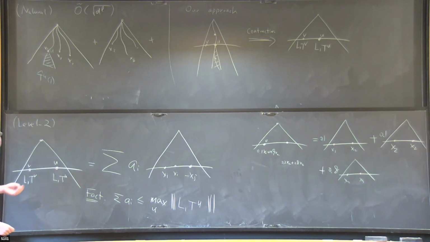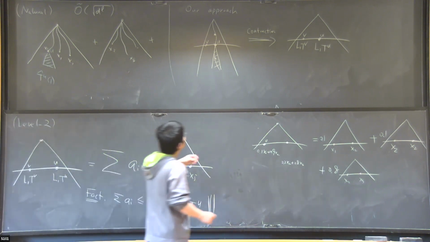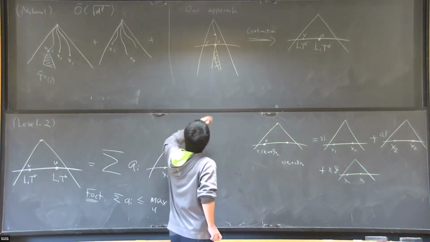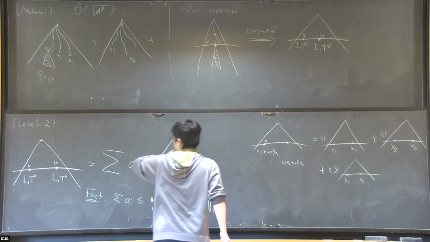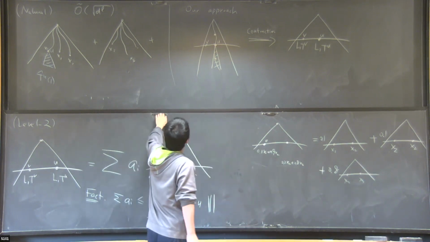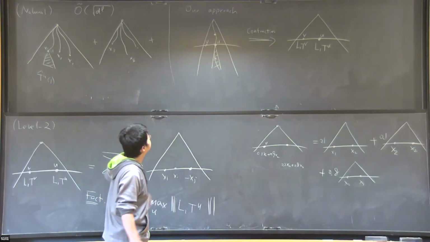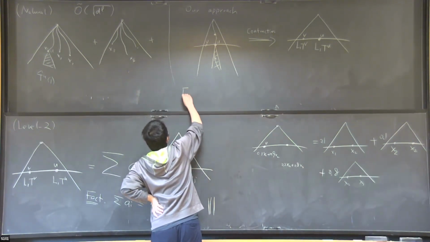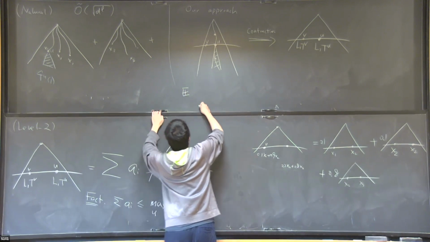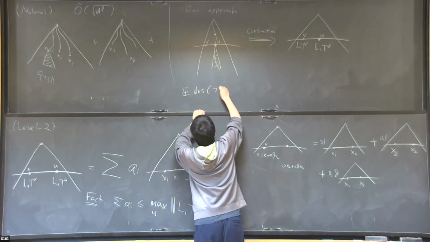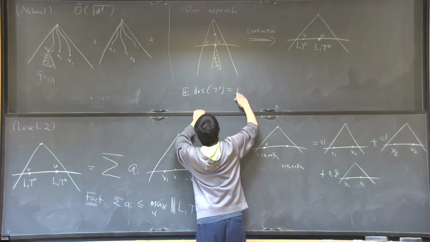Okay, so now let me make a comment. If the density of our tree is p, then the expected density of the subtree is also p.